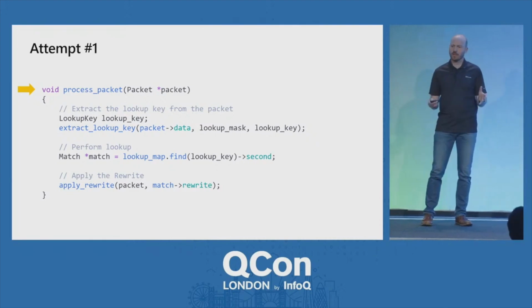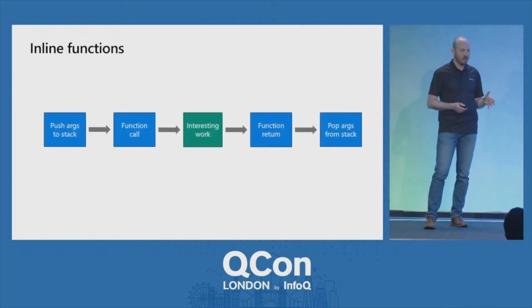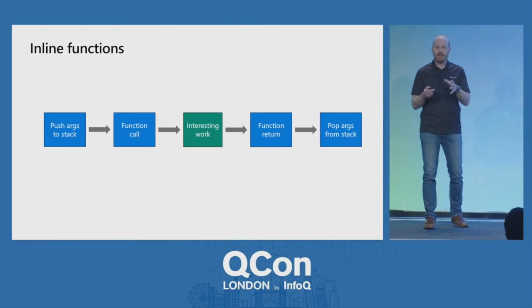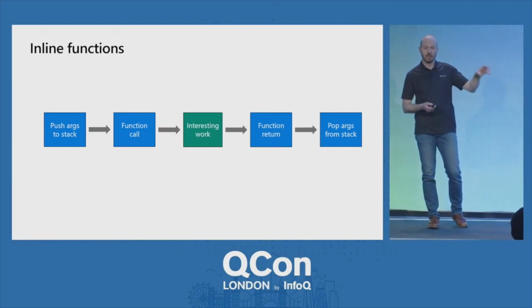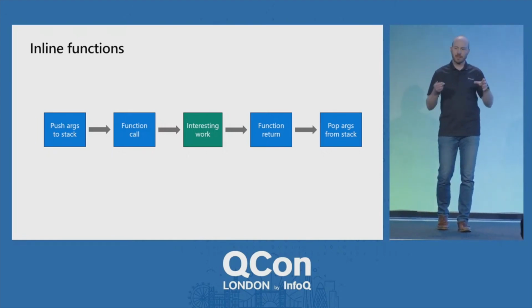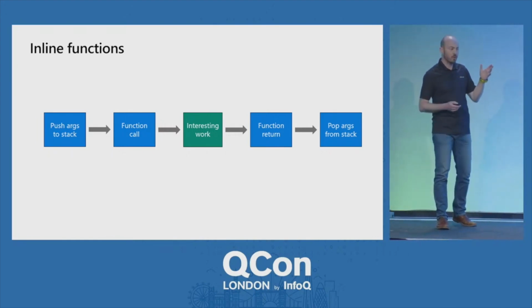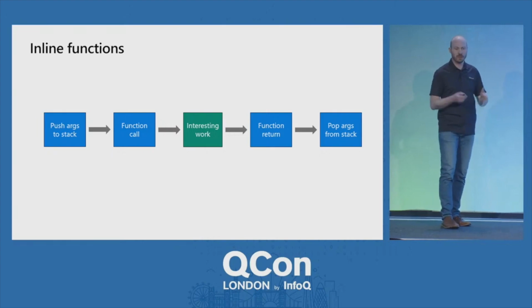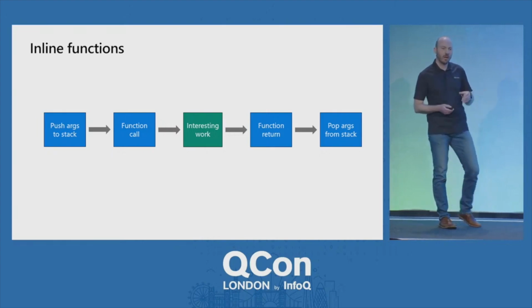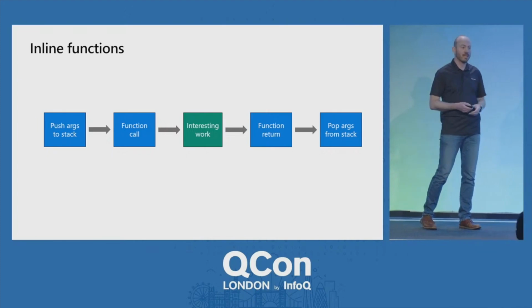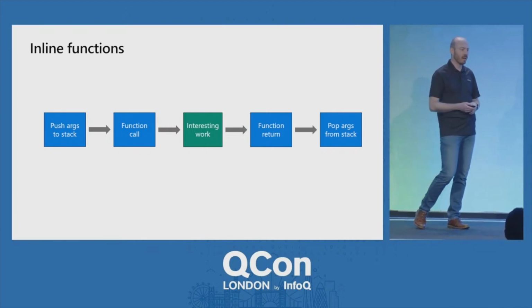But what does calling that function actually look like? Well, there's the actual interesting work that we want that function to do. That's the green box in the middle. But there's a bunch of overhead that comes from that function call as well. So for example, we're going to have to push the arguments of the function onto the stack or into registers. We're going to have to put the return address onto the stack. We're going to have to jump to the code that we want to execute.